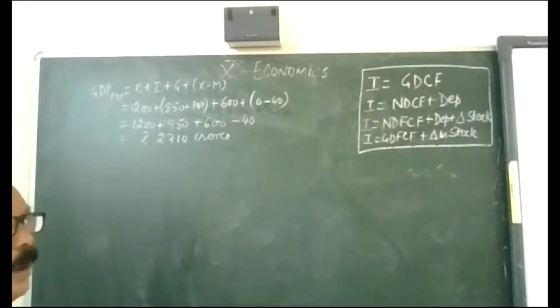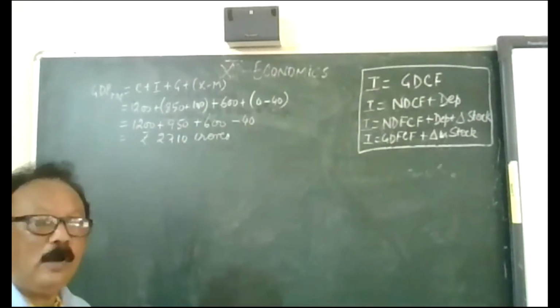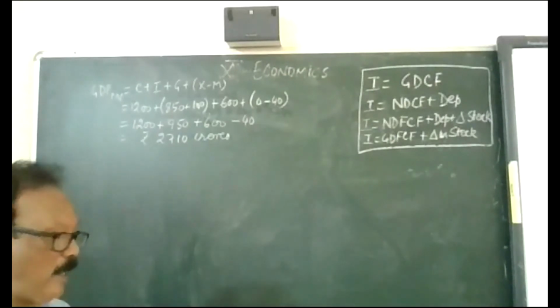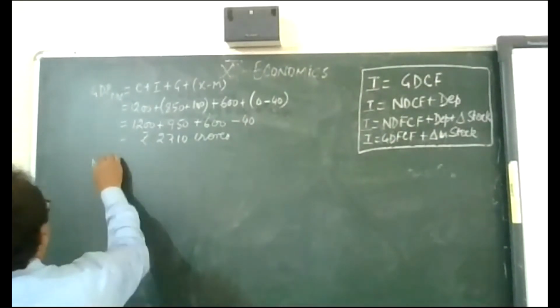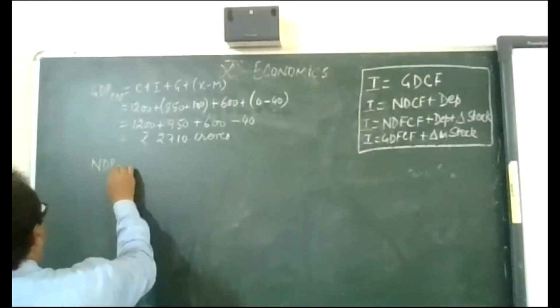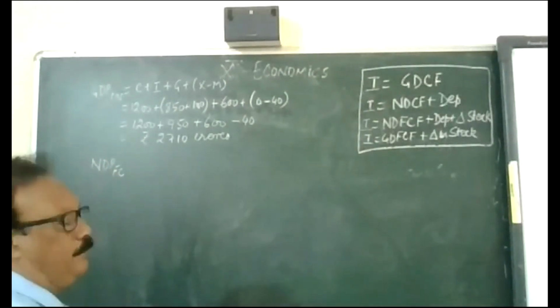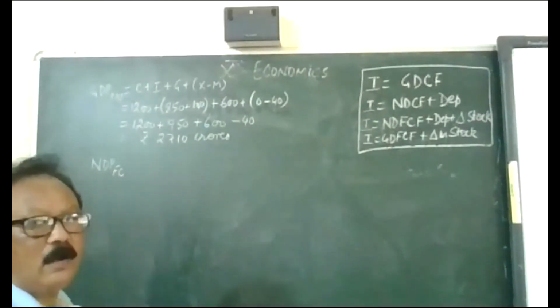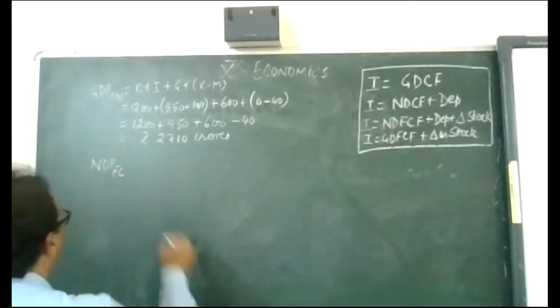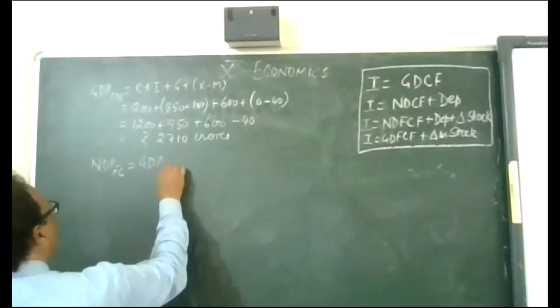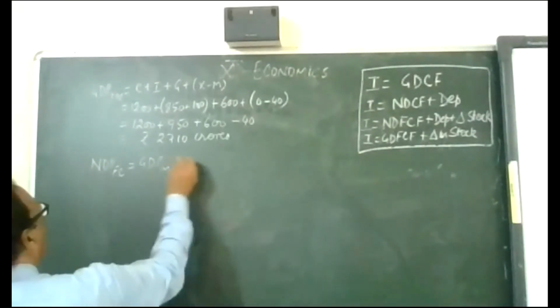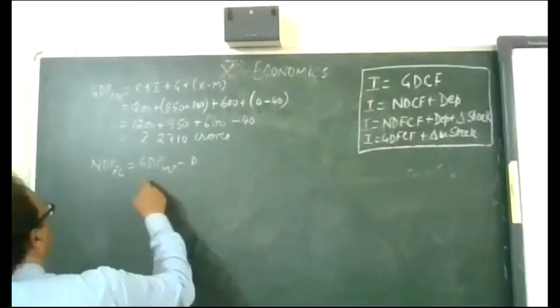Okay. Now what does he ask you to find out? Calculate domestic income. What is domestic income? NDP at factor cost is domestic income. We have GDP at market price 2710. Gross to net: minus depreciation.